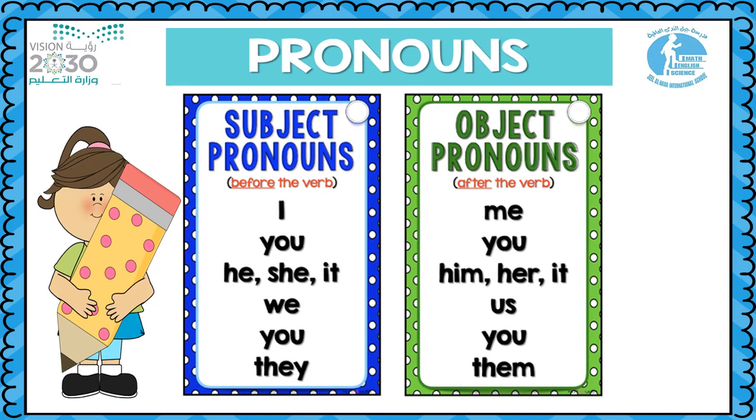Now, for the subject pronoun we, we have the object pronoun us. We went to the trip. We here is the subject pronoun in the beginning of the sentence. But we say the teacher took us to the trip, not the teacher took we to the trip. Us, because it's after the action verb. Very good.